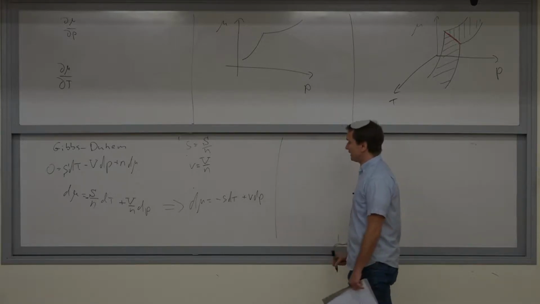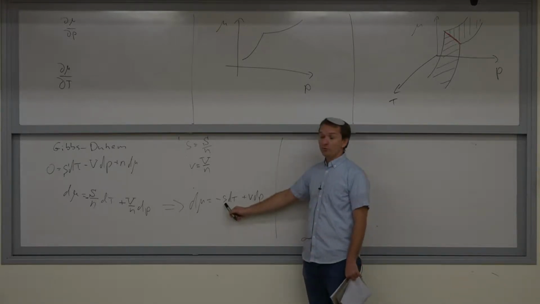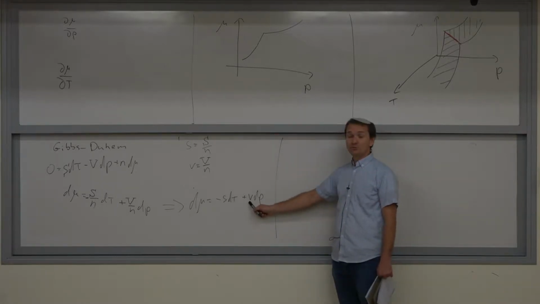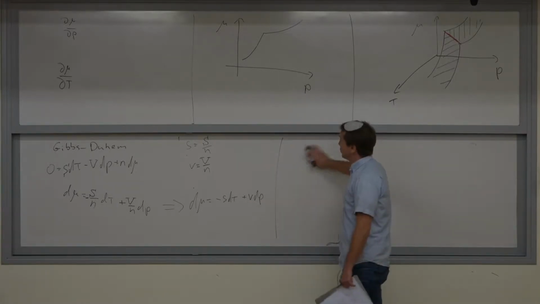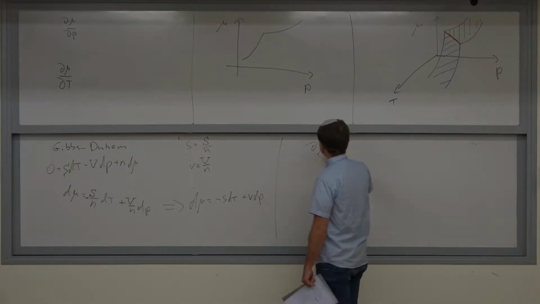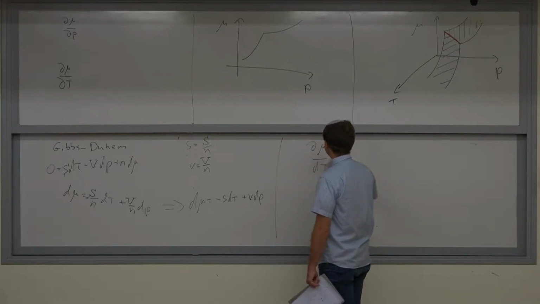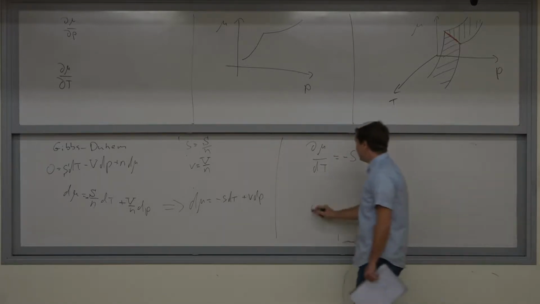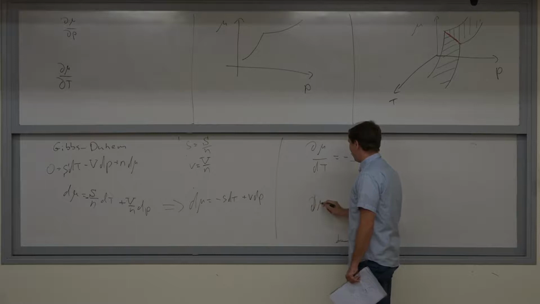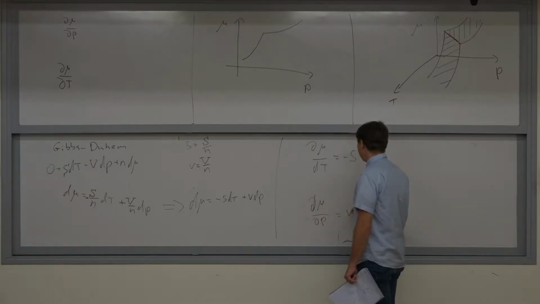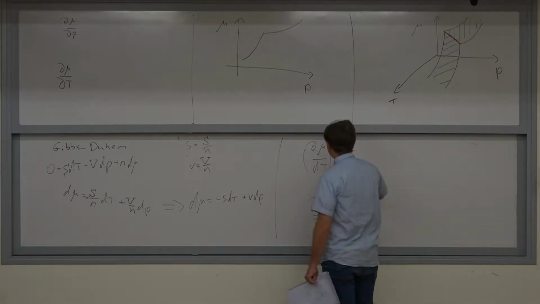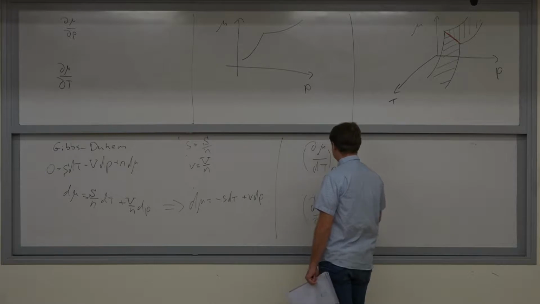More explicitly, this is the derivative of mu with respect to T, and this is the derivative of mu with respect to P. So what we obtain is that d mu dT equals minus s, and d mu dP equals the specific volume. This is when P is constant, and this is when T is constant.